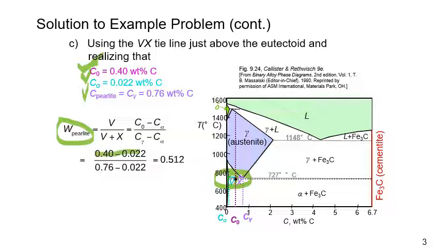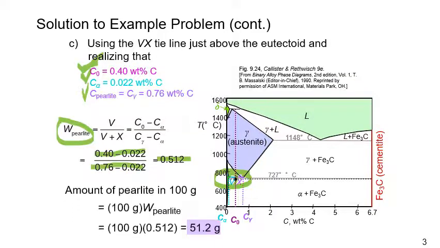So we just plug and chug, and we get that our microstructure is going to be about 0.51 fraction perlite, which is the same as, multiplied by 100 for 100 grams, 51.2 grams of perlite in that 100 gram sample.